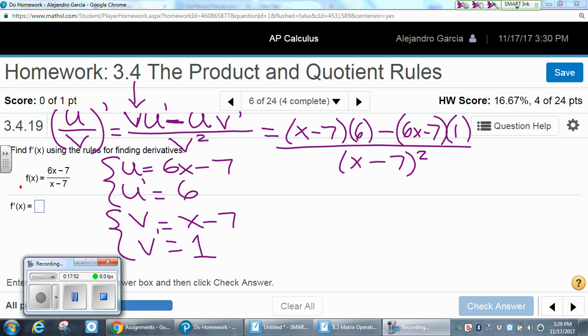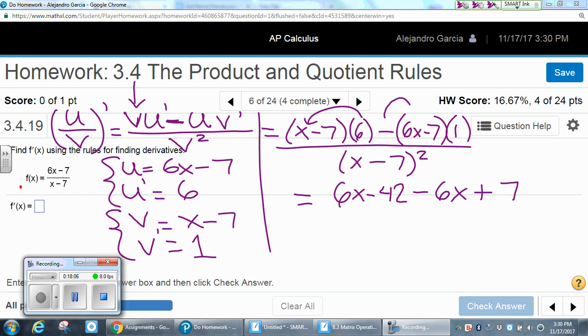So I'm going to just distribute a little bit. So it would be, let's say, 6x minus 42 minus 6x plus 7. Remember, the negative sign gets distributed here. And it's just transformed, so it's fine. From here, you could actually take 6x minus 6x, combine them, and then on the bottom, we have x minus 7 squared.